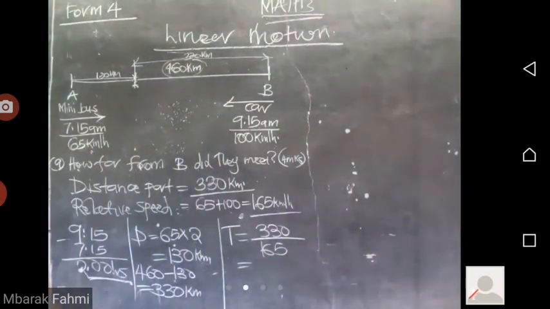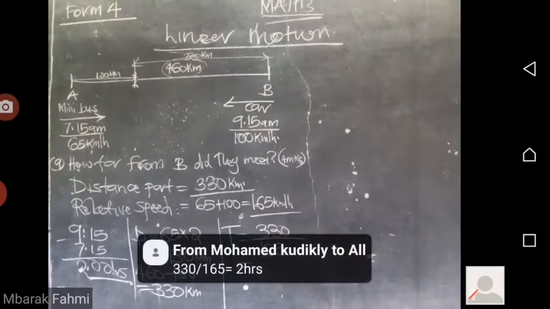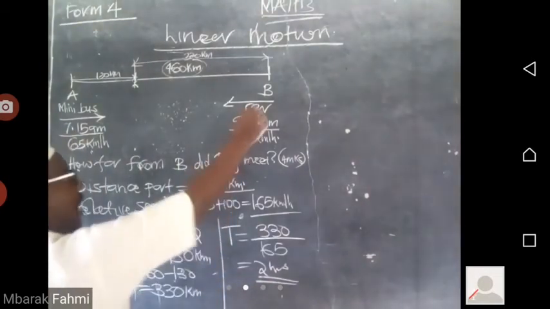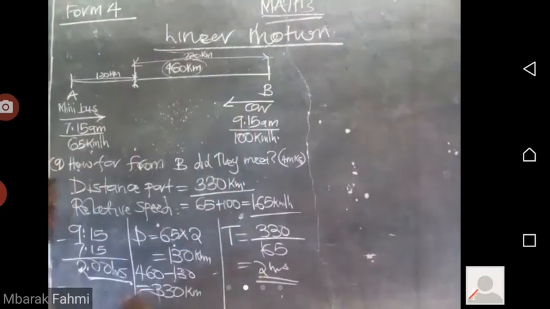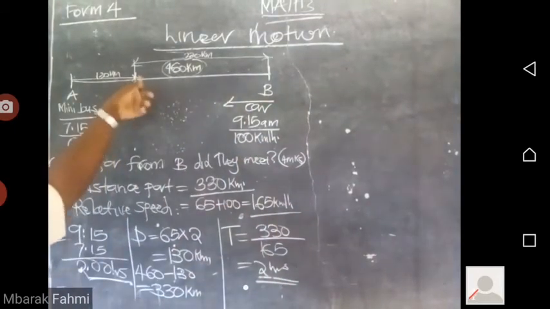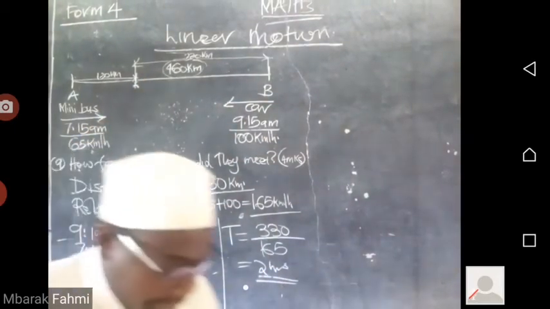So 330 divided by 165. That is going to be 2 hours. So it will take 2 hours for them to meet. 2 hours from the last person to leave. So it will take the car 2 hours to meet with the minibus.